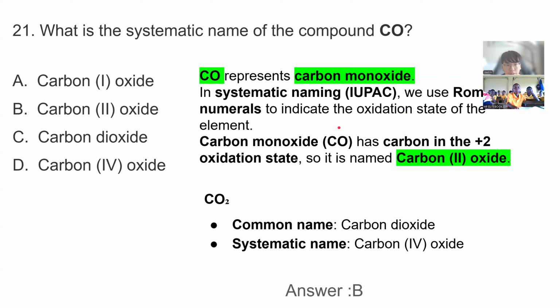For carbon, just remember that it has an oxidation state of 2 when it is with oxygen. That is why it's carbon 2 oxide. For example, if we had carbon dioxide, the oxidation number of carbon would be 4, and it would be carbon 4 oxide. This is just to get you familiar with the systematic naming.